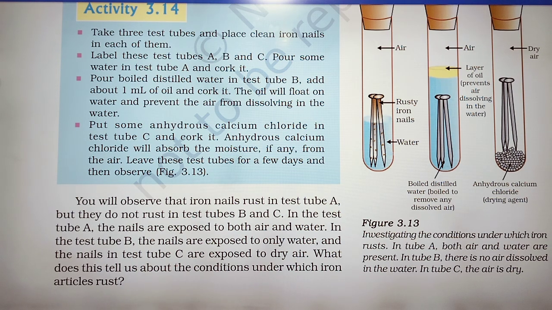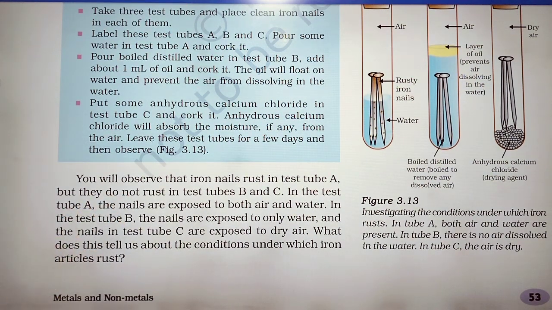In test tube A the nails are exposed to both air and water; both are the reason. In test tube B the nails are exposed to only water, and the nails in test tube C are exposed to dry air. That's why the nails are clean.